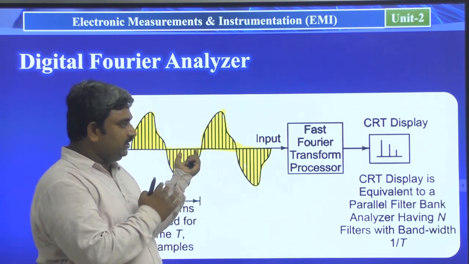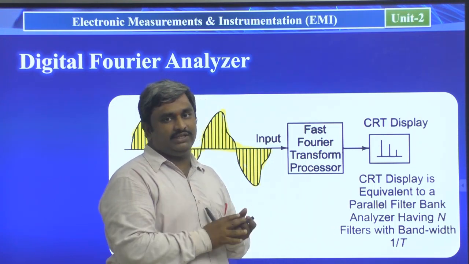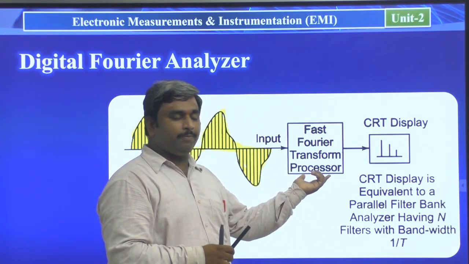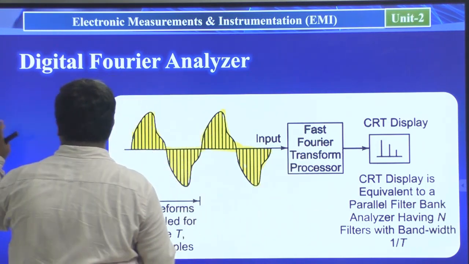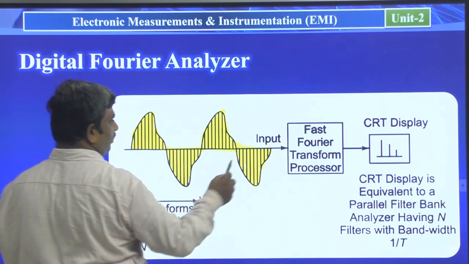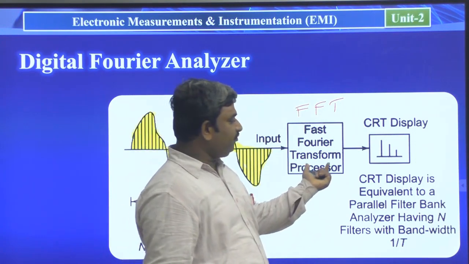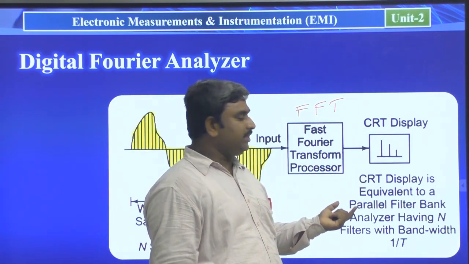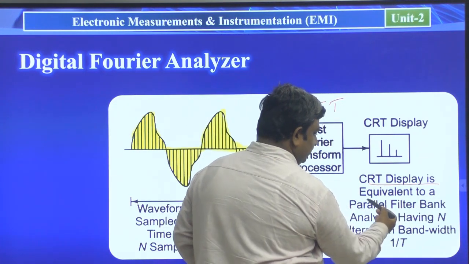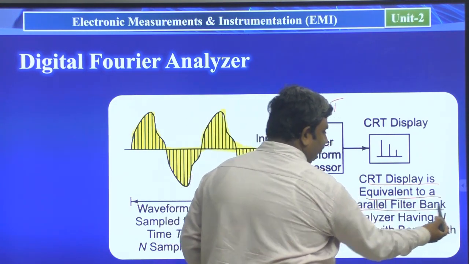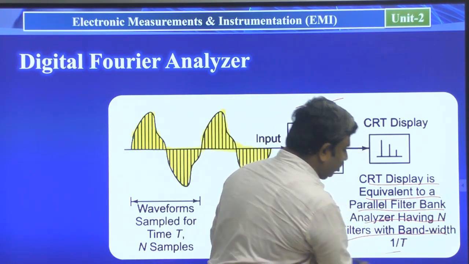These signals we give to the fast Fourier transform processing unit. This is a processor with FFT, fast Fourier transform. From this FFT processor, we give to the CRT display of the spectrum analyzer, where this CRT display is equivalent to a parallel filter bank analyzer having n filters with bandwidth of 1 by t.